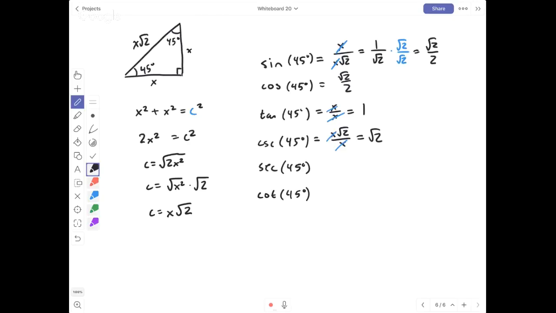The secant of 45 degrees is exactly the same, and the cotangent of 45 degrees is adjacent over opposite, x over x, cancel, cancel, just equals 1. Okay.